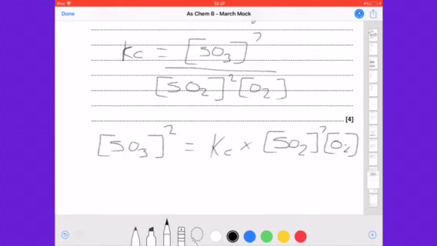Once you've substituted the values in and rearranged the equation, remember that because this is squared, we can therefore square root all of this. Your final answer should come out as 0.876.